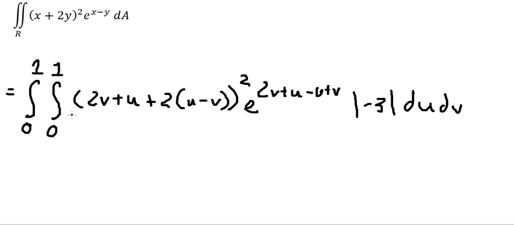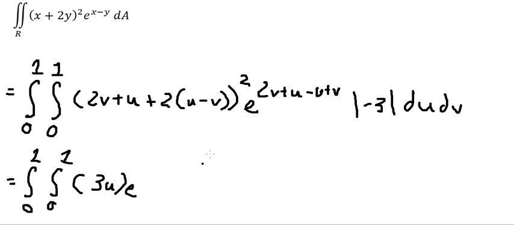Now we need to calculate this integration. So we need to simplify this one. 2v minus 2v, u plus 2u, you got 3u. 2v plus v, you got 3v. u minus u, they cancel.